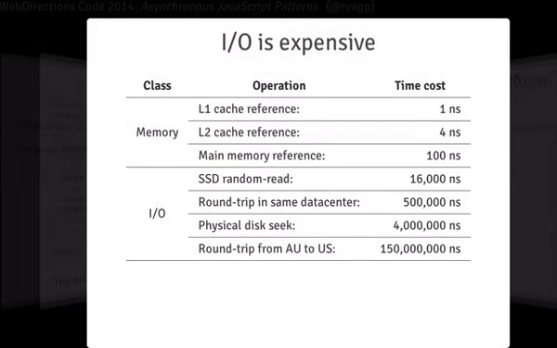I've got some different numbers up here for access times, the time cost of some different operations, and you can see there's a clear separation between memory operations and I/O operations. Even solid-state drive random reads are 160 times slower than reading something from main memory. So every time you do an I/O operation, even if it's a solid-state drive, it is a different class of operation. It is something completely different to just pulling something from memory.